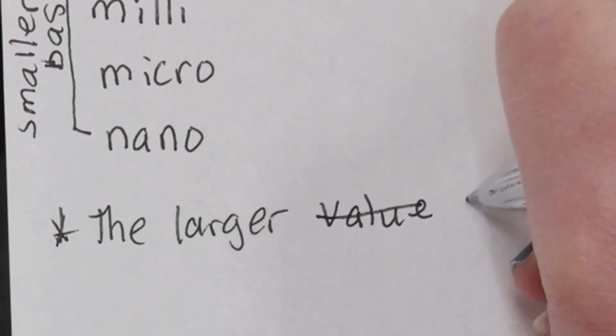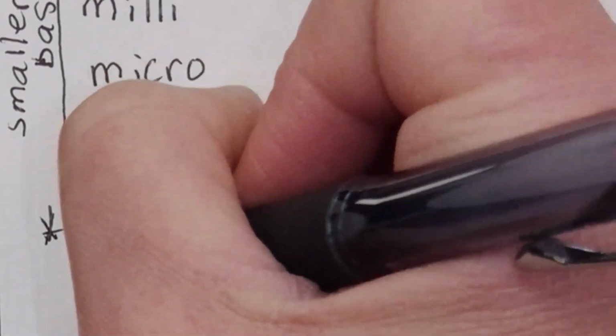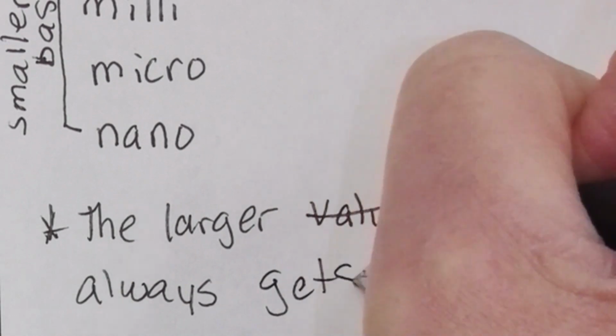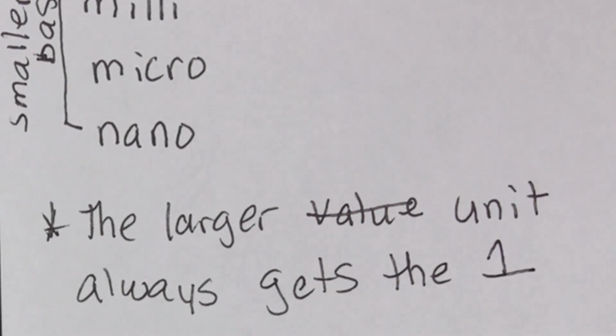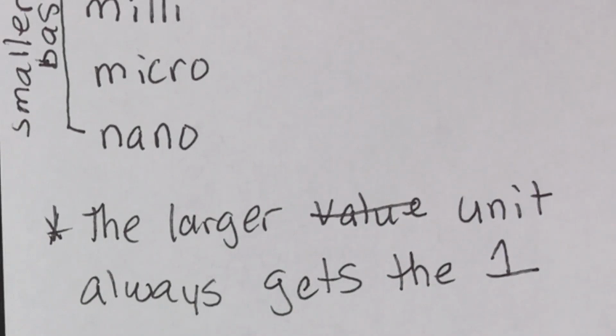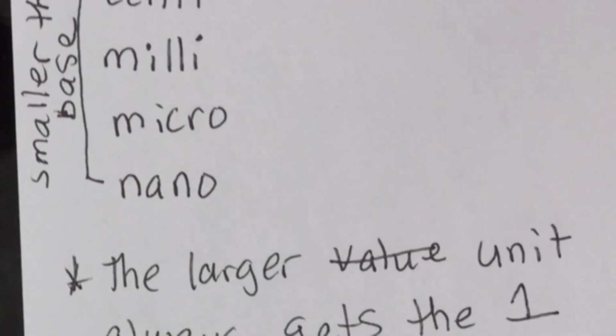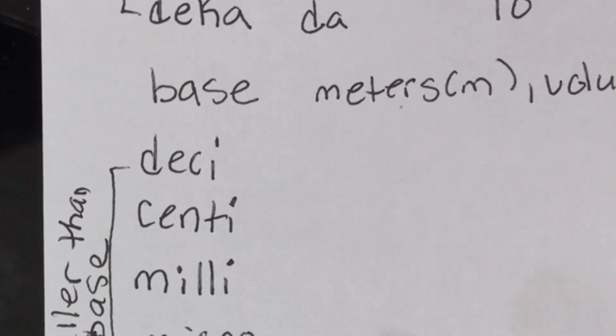The larger unit always gets the 1. All right, now why is this important? So we're going to do some practice problems here, and we're going to use our chart. Before we do so, we want to finish filling in our chart so that we can refer back to it as we do some practice problems.